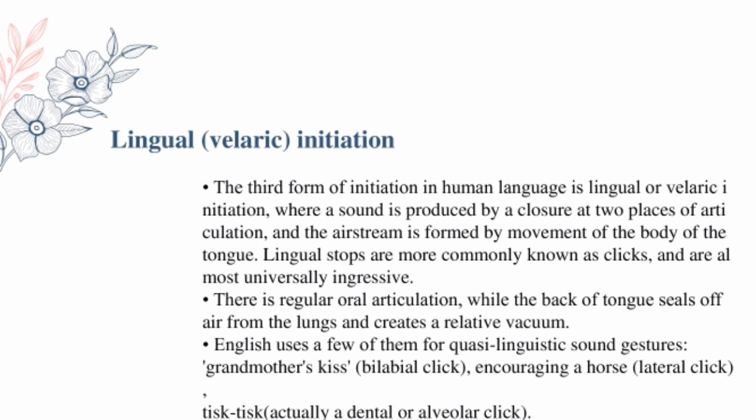There is regular oral articulation, while the back of the tongue seals off air from the lungs and creates a relative vacuum. English uses a few of them for quasi-linguistic sound gestures: the grandmother's kiss, a bilabial click, a click for encouraging a horse, a lateral click, and tsk tsk, actually a dental or alveolar click.